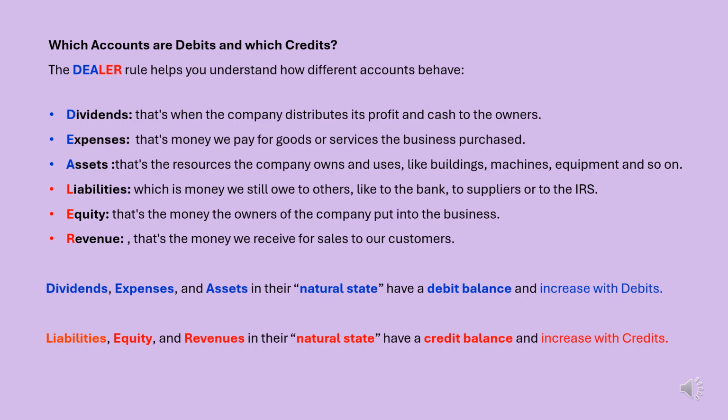Which accounts are debits and which credits? The dealer rule helps you understand how different accounts behave. Dividends. That's when the company distributes its profit and cash to the owners. Expenses. That's money we pay for goods or services the business purchased. Assets.